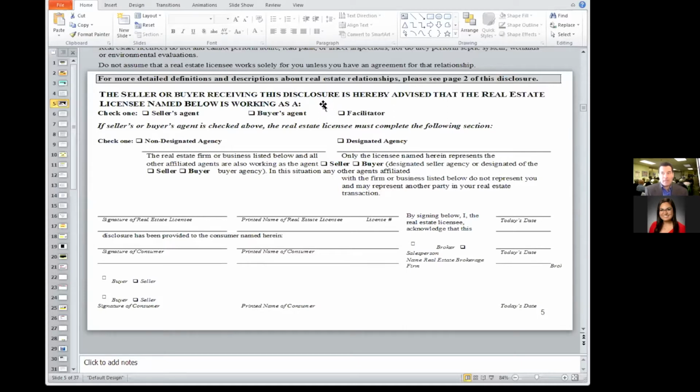So be really careful. Now, if seller or buyer agent is checked above, the real estate licensee must complete the following section. You must identify whether you're a non-designated agency or a designated agency. So it's up to you. I don't know if you're a traditional agency or not. When I've asked people in my class, how many of you are designated agents, a lot of people go, I'm not sure.